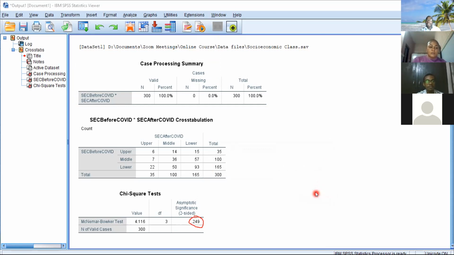So if you find a difference, all you need to do is to go and check each pair, and calculate it out. If you check each pair, you'll be able to know where the difference lies. Is it between the middle and upper, or between the upper and lower, or between the lower and middle? Does it make sense now?